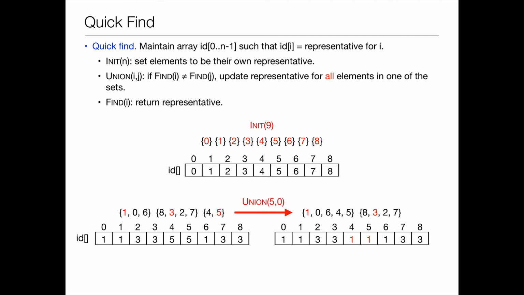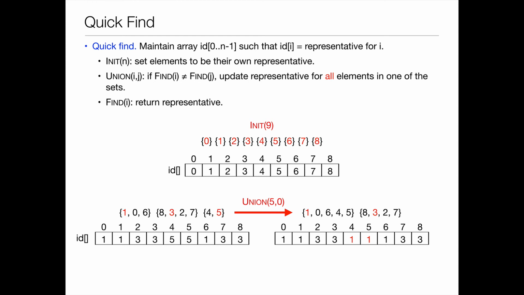To implement union, we first check if the input elements are from the same set by checking if they have the same representative, which we can just look up in the ID array. And if they are not from the same set, we update the representative for all elements in one of the sets.